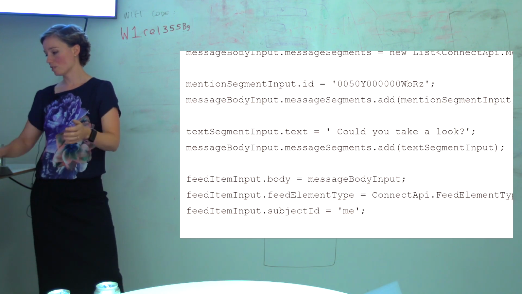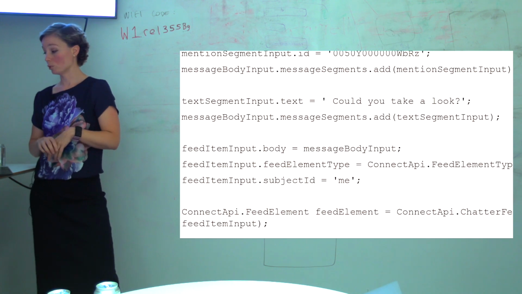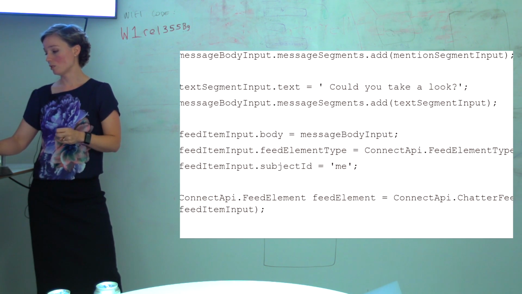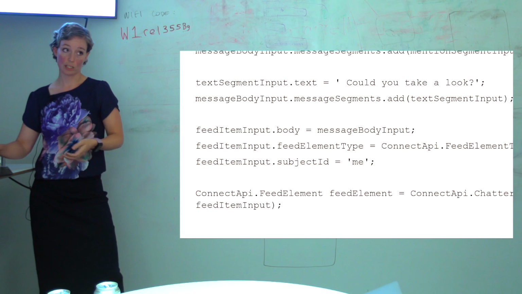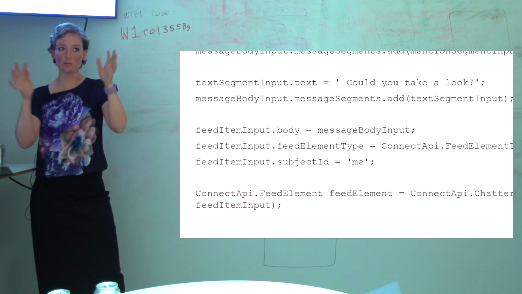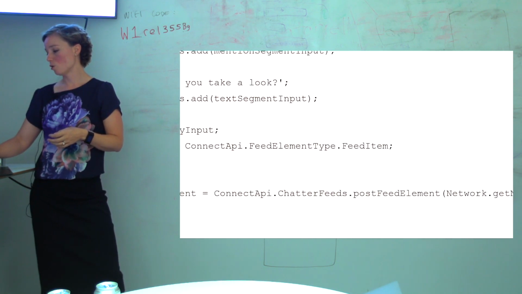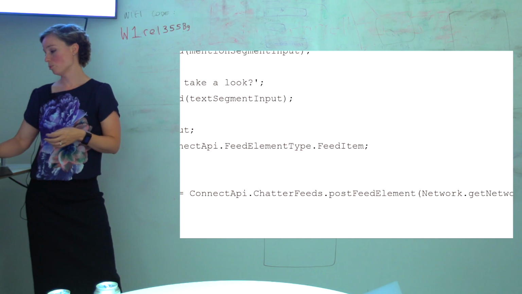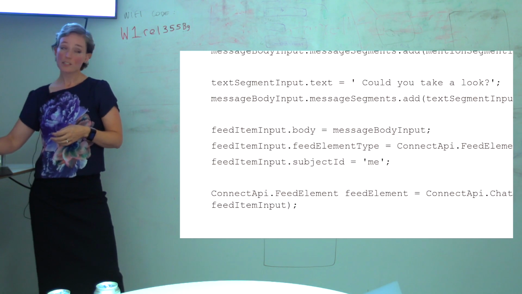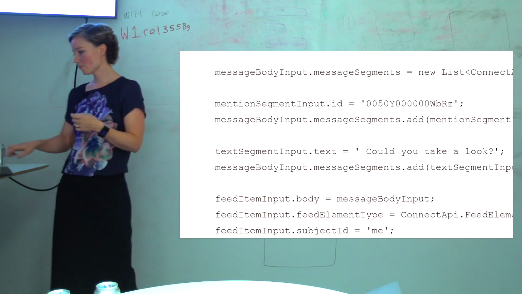We add it all to our message body, and then we set that to our feed item body. Then we tell it where to post the chatter message, where to post the feed item. So if it's me, it will just post it on that user's standard chatter feed. And then finally, we post the feed element. So we input it.